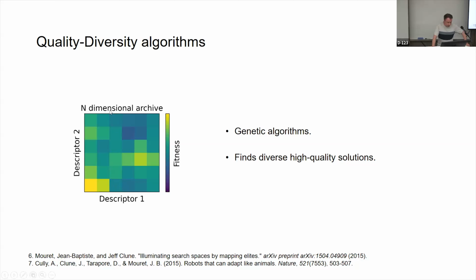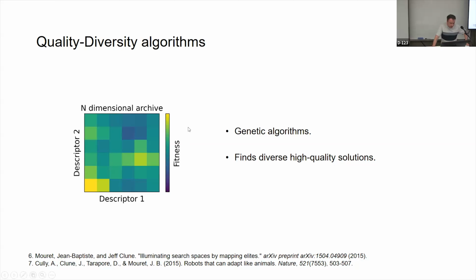Let me give you one example. Basically, here the algorithm would create this n-dimensional archive. Here we have 2 dimensions. Let's say we optimize a controller for a legged robot, let's say a bipedal robot, and we want the controller to work as fast as possible.